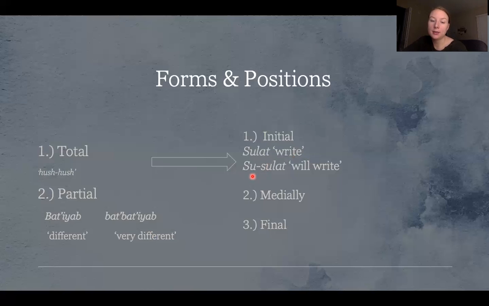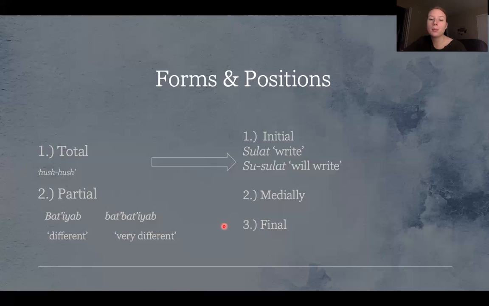And then if we use that partial reduplication at the beginning, at the initial word initially, that prefix su, sulat, now we have will write. I don't have examples for medial and final, but you will see those in future slides.